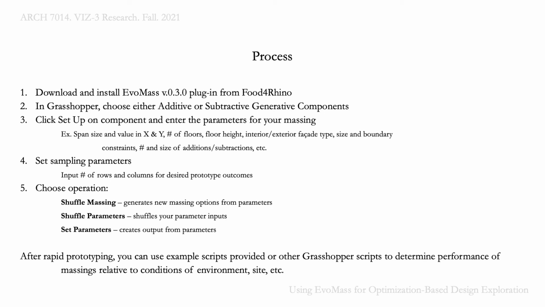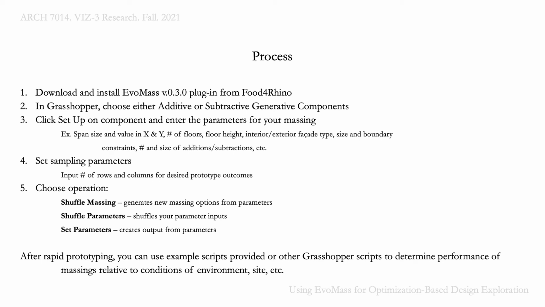All right, so this next slide is the process slide, and this is basically just an overview of what was covered in that demonstration, broken down into the basic process. Number 1, download and install EvoMass from Food for Rhino. 2, in Grasshopper, choose either the additive or subtractive generative component. 3, click setup on the component and enter the parameters for your massing.